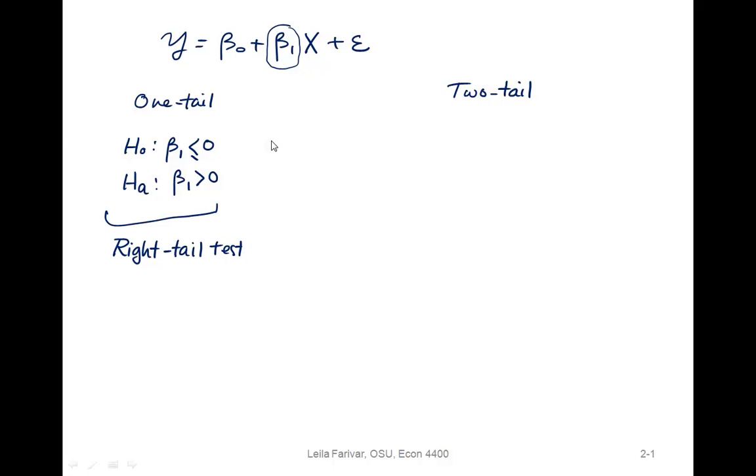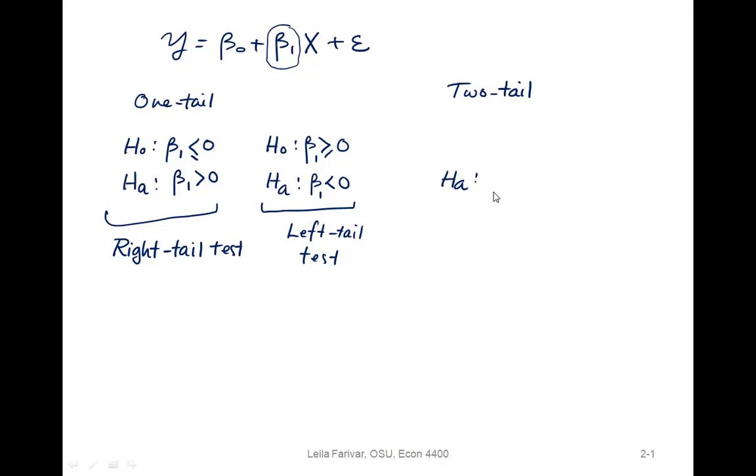I can have a left tail test as well, where my alternative hypothesis only has values to the left side of the hypothesized value. In this example, it's 0. So this is a left tail test. And we can as well have a hypothesis that attributes values to our parameters that are at both sides of the hypothesized value.